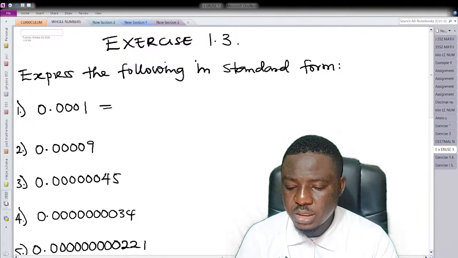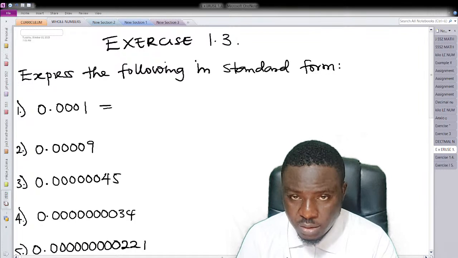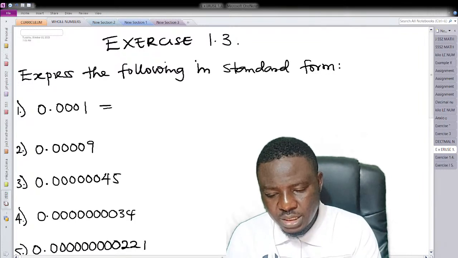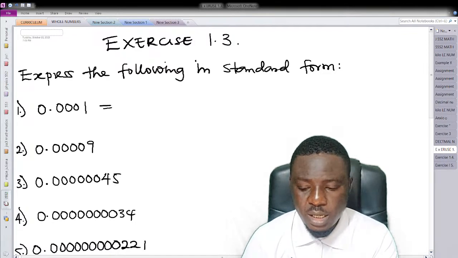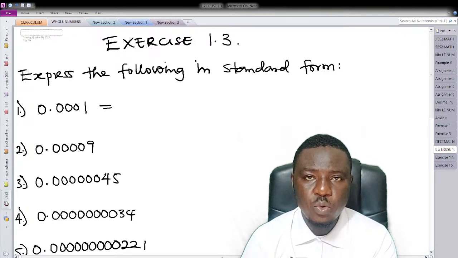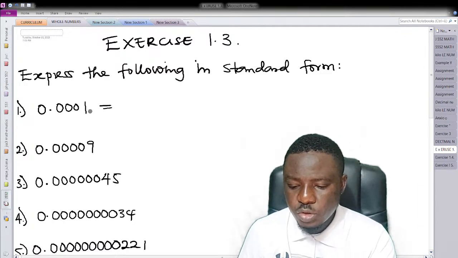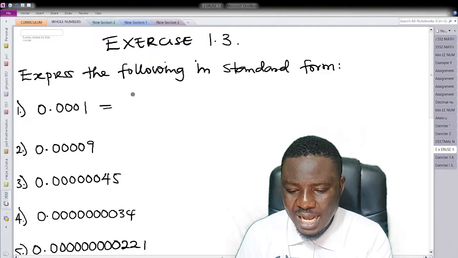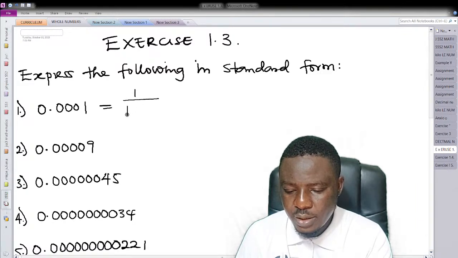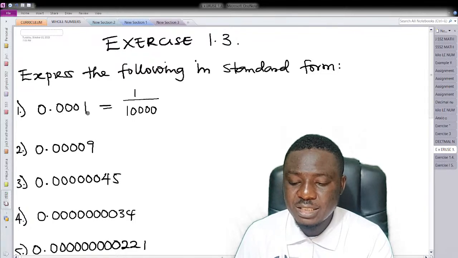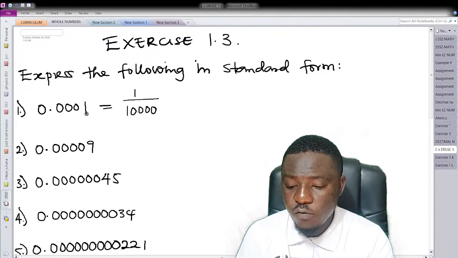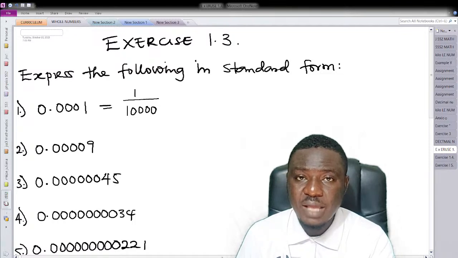So 0.0001 can be expressed as, I'm going to do it as a fraction. Thereafter you follow suit. So this is going to be written as 1 divided by 0.0000, because this is taking the place value of tens of thousands.